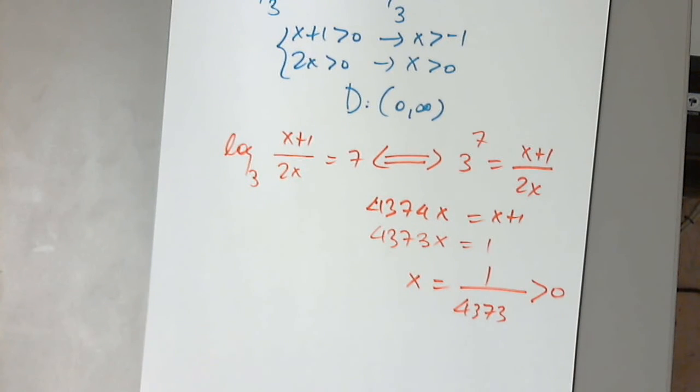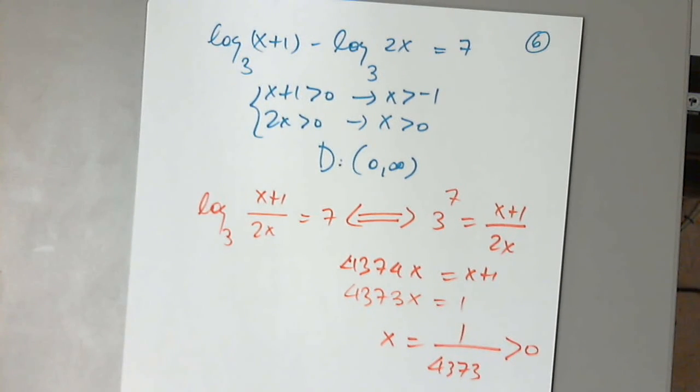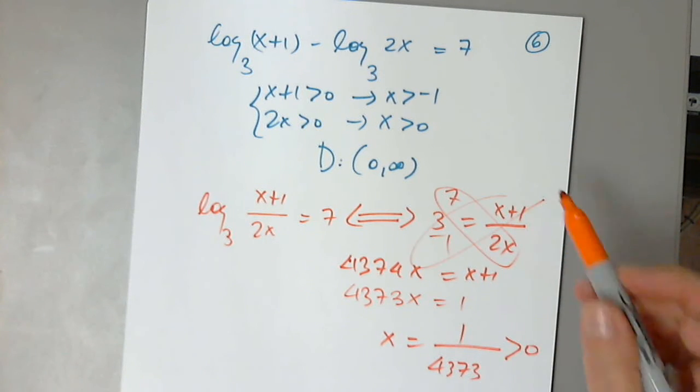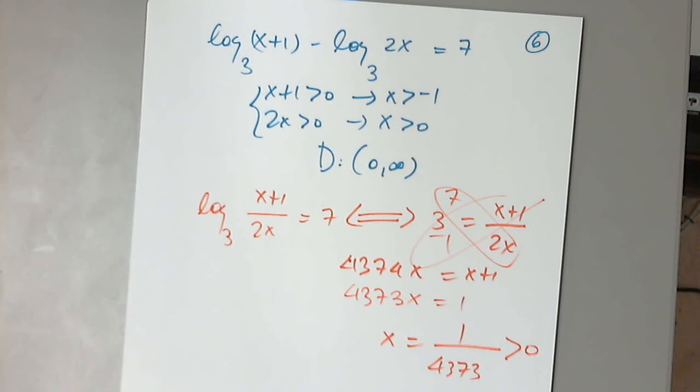As long as it's a number greater than 0, this works. You multiply 2x by 3 to get 6561, cross multiplied.